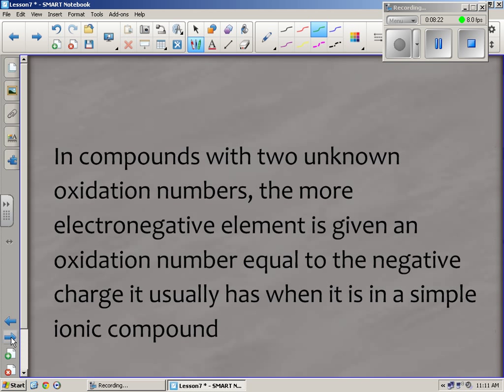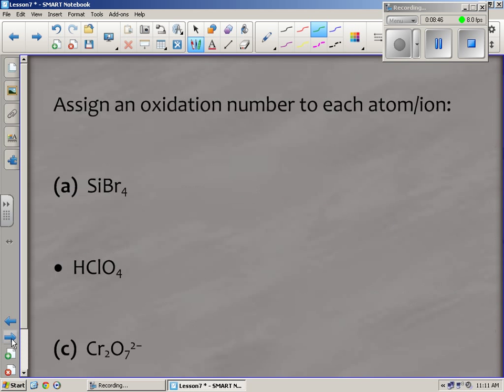We'll show you an example of that in a second. Take the more electronegative atom, you look on your periodic table. If you've got fluorine, pick that one, because it's 4.0 and nothing gets better than that, right? Give that one a -1, because it usually forms a -1, and then the other one we'll just have to adjust based on that, okay?